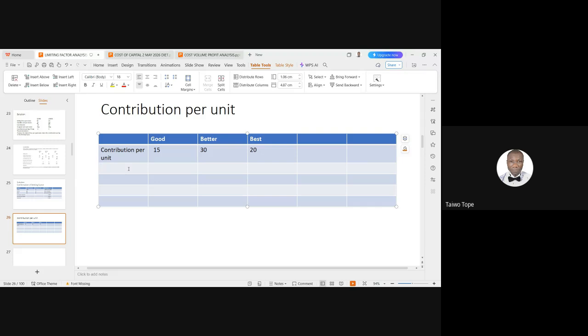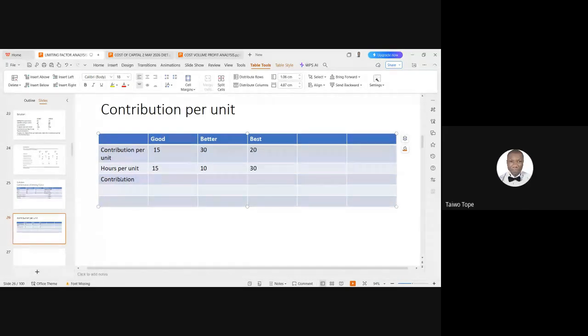And what is that unit of limiting factor for Good? 15 hours per unit. So for Good it is 15, for Better it is 10, for Best it is 30.